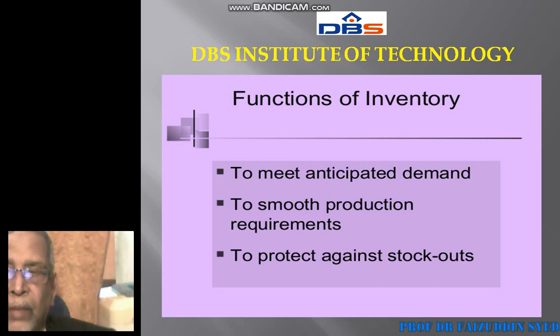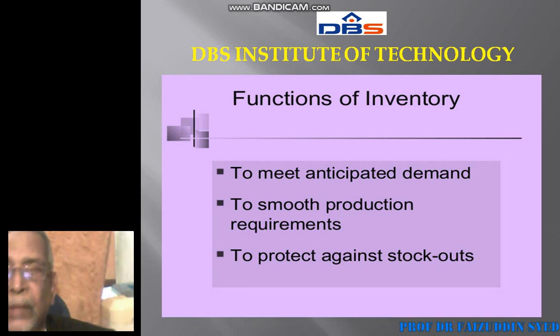Suppose we have excess material, so your inventory is excess, you are just blocking the money. So you will have to pay the interest for that. So you need the materials which you want for the production purpose only. You should not keep excess material. So this is called inventory.